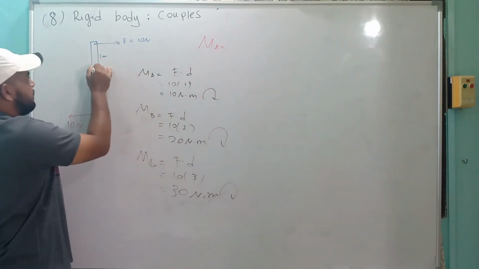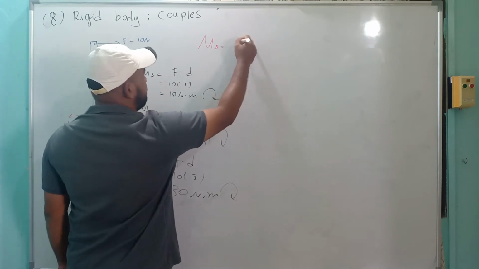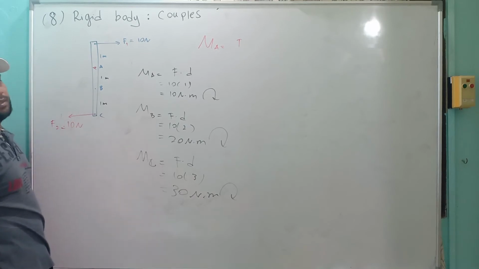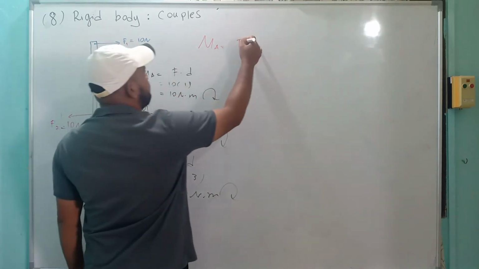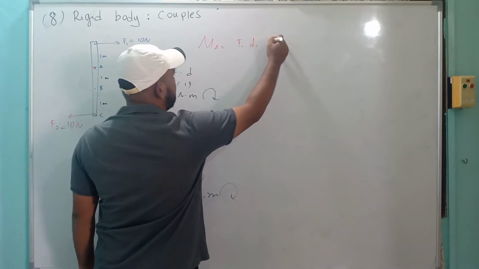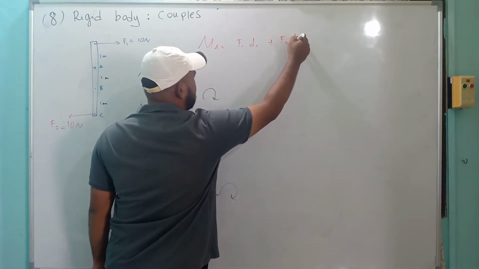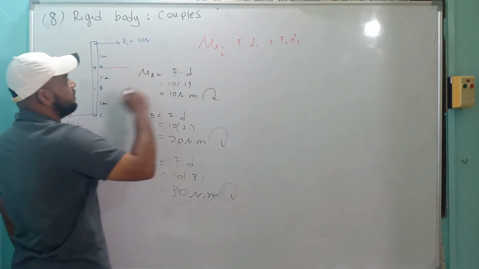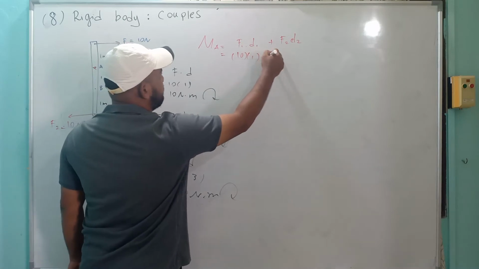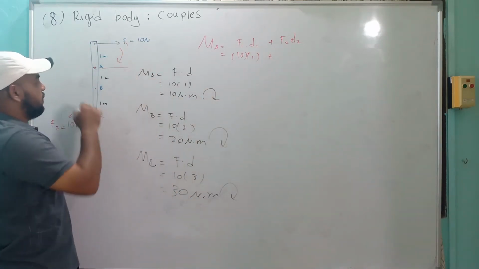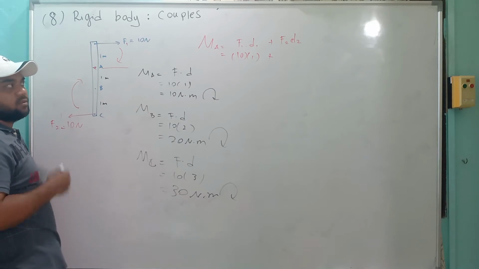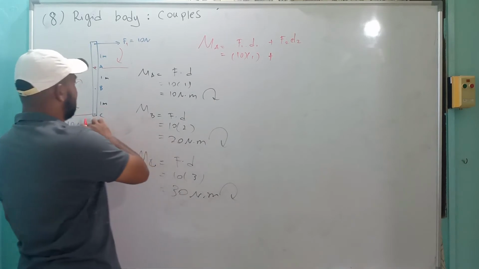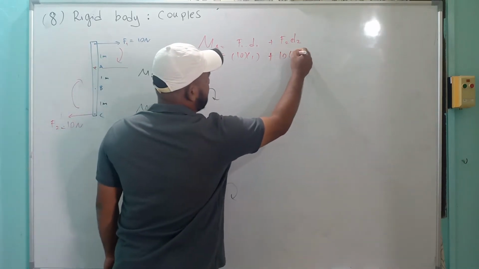let's call this one F1 and this one F2, which have the same magnitude. The moment equals F1 times D1 plus F2 times D2. In this case we have 10 times 1, and this direction is clockwise, and this one is also clockwise, so both are positive, plus 10 times the distance 2.